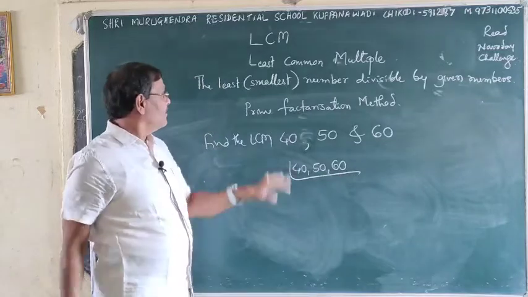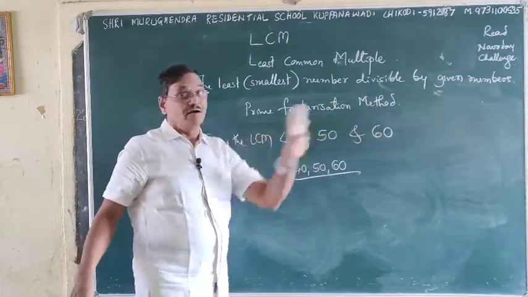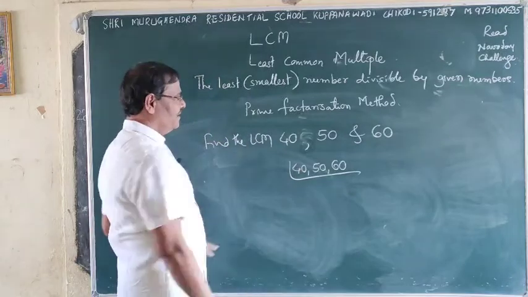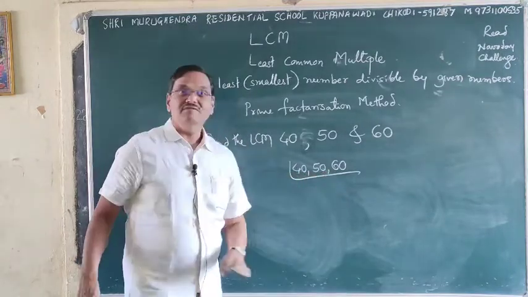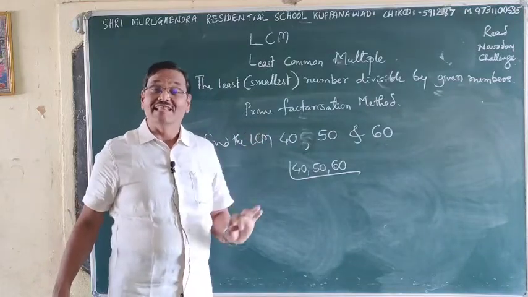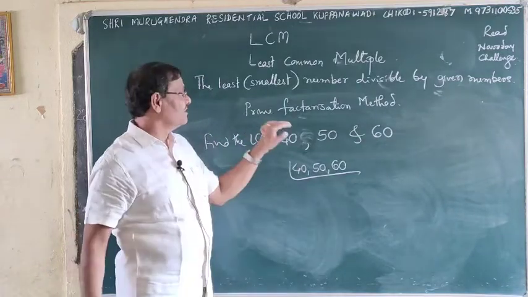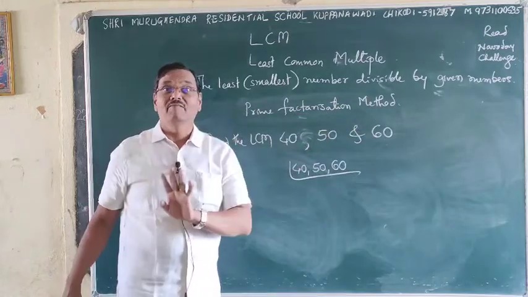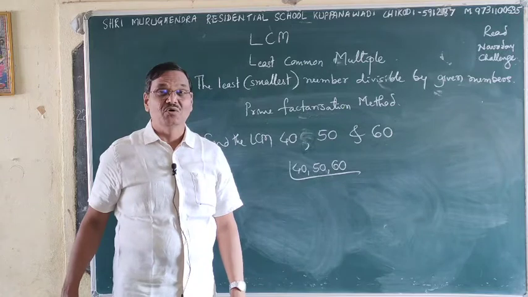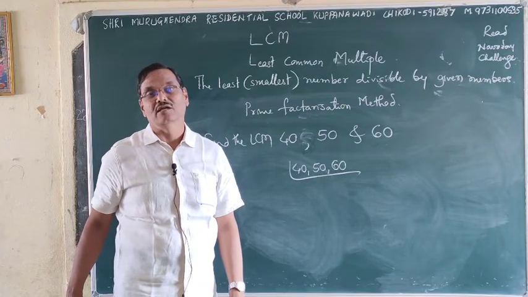What method are we following? Prime factorization method, not a separate prime factorization method, only prime. See, all three are divisible by 10, but we are unable to take that 10 because the method itself is prime factorization method, isn't it? So we are unable to take 10.